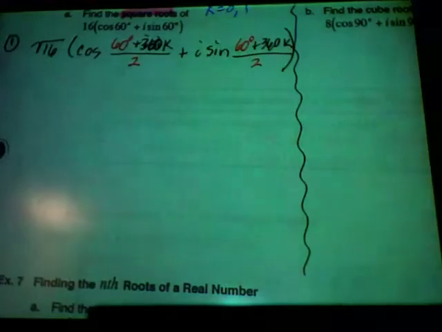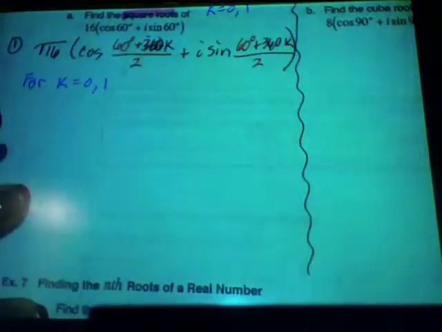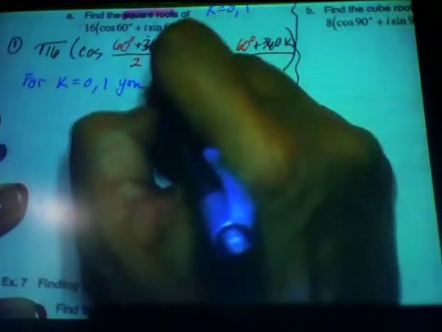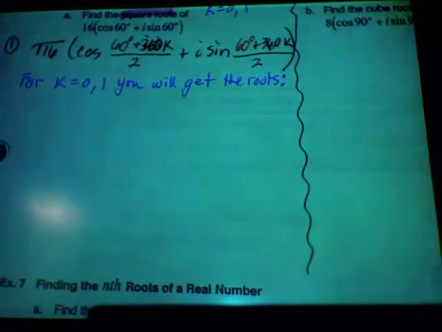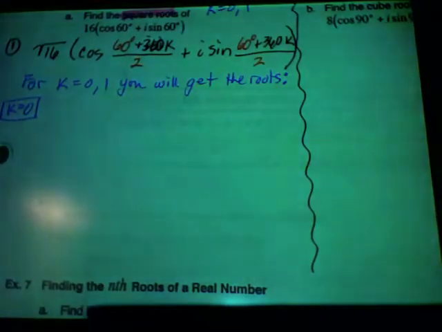Then we need to say for k equal to 0 and 1, you will get the roots. Roots meaning answers. So we're going to let k equal 0. We're just going to plug in 0 into that formula.